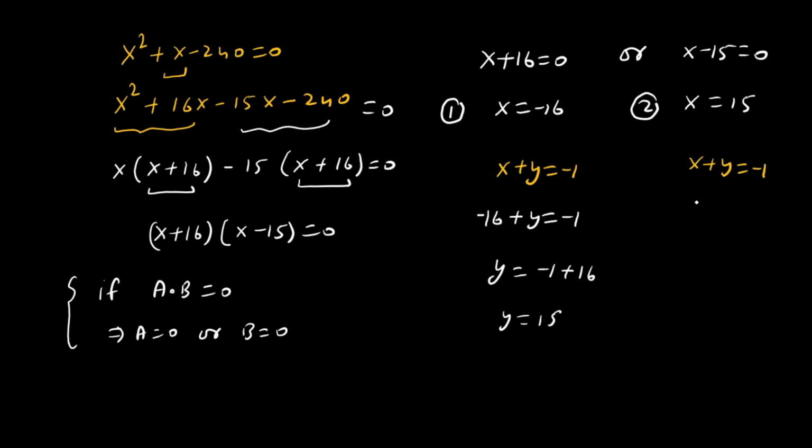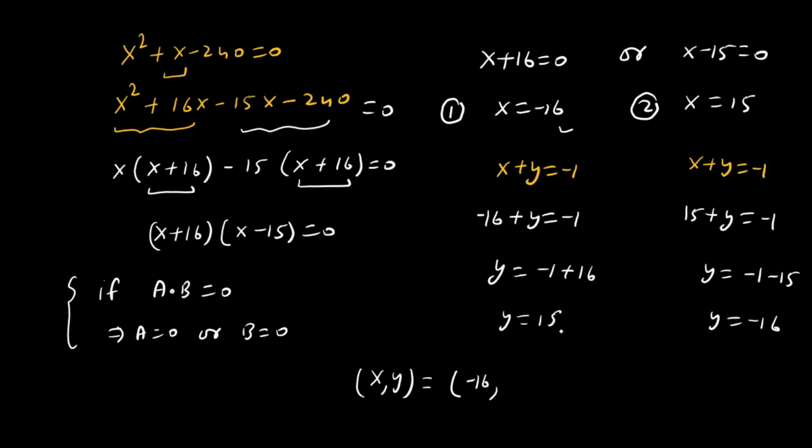And if x is 15, then 15 plus y = negative 1, so y = negative 1 minus 15, which is negative 16. So our solution is (x, y) = (negative 16, 15) and (15, negative 16). So this is our final solution.